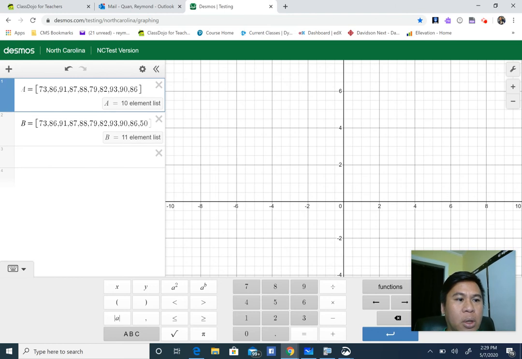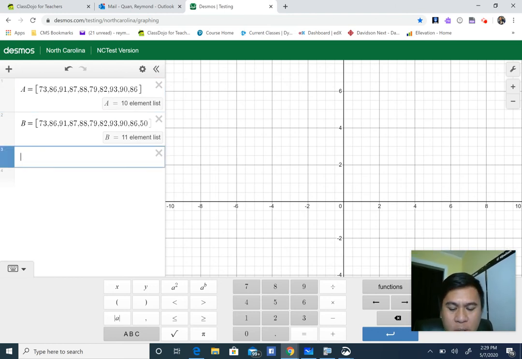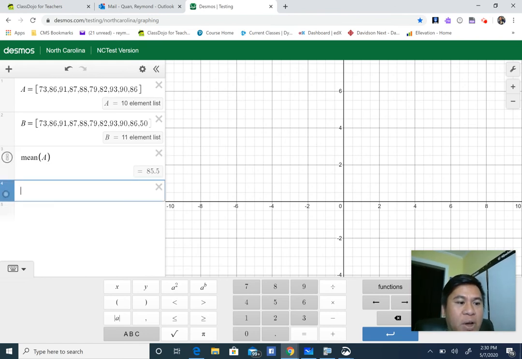You can also type in just mean, then parenthesis of letter A, and that gave us 85.5. To compare the means, I'll put the mean of our B as well, and it gave me 82.27, which means the mean becomes lower.